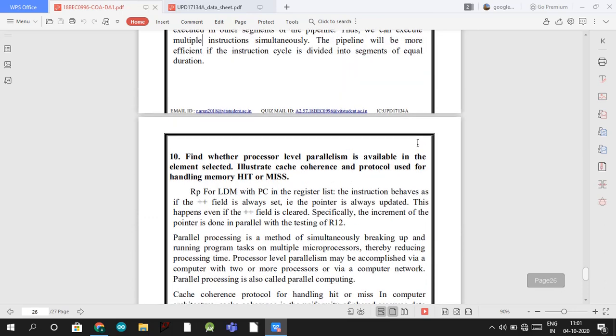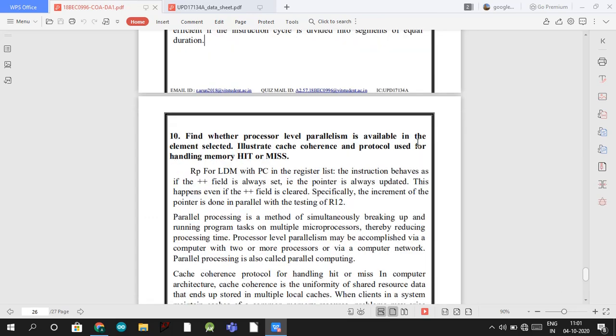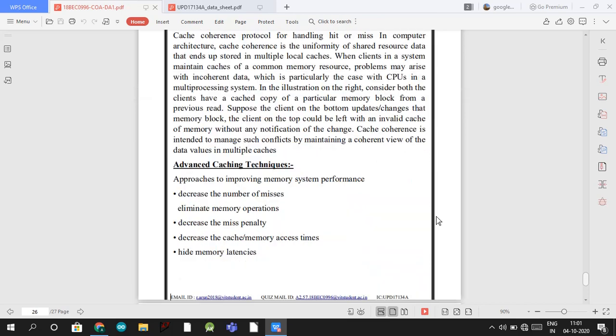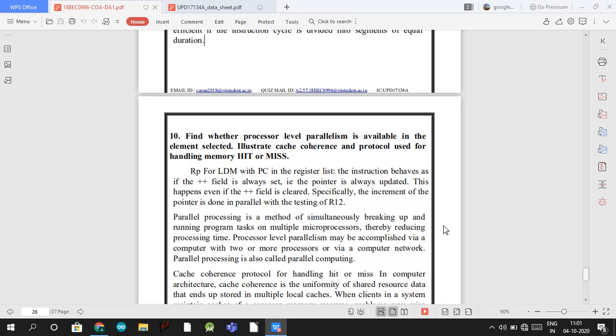Okay, let's see how the cache coherence protocol is used in handling memory for hit and miss cases. Parallel processing is a method of simultaneously breaking up a running program's tasks across multiple microprocessors, thereby reducing processing time. Processor-level parallelism may be accomplished via a computer with two or more processors or via a computer network.